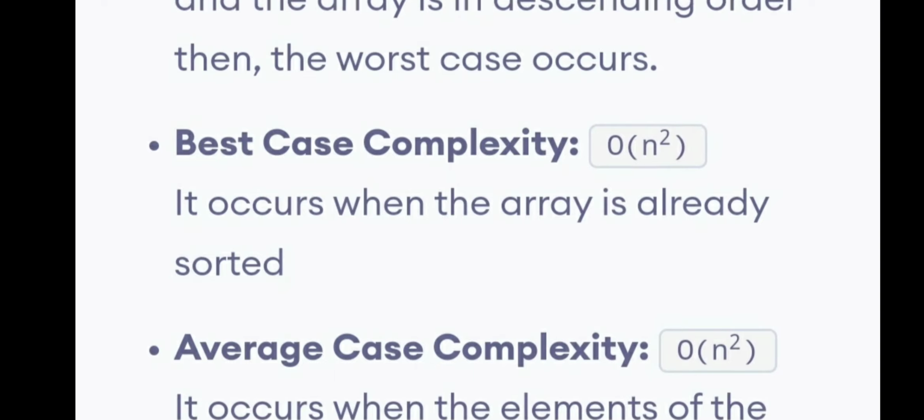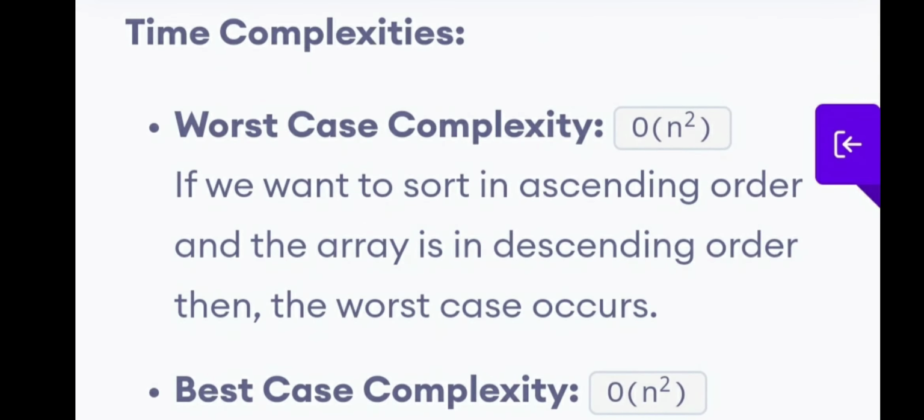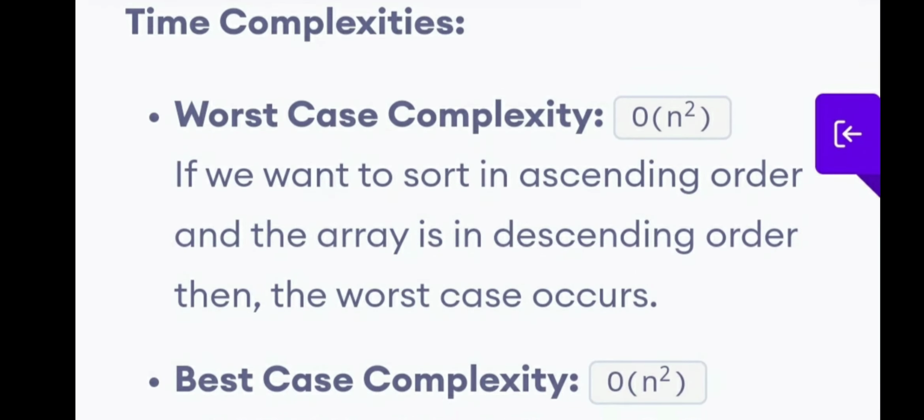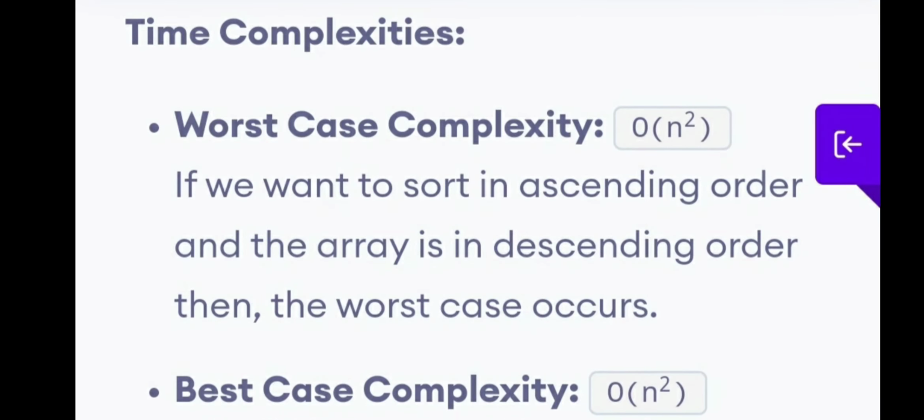See here time complexities. I already told you in bubble sort we have 3 different types of time complexities: worst case, best case, and average case. The worst case complexity of selection sort is order of n square.